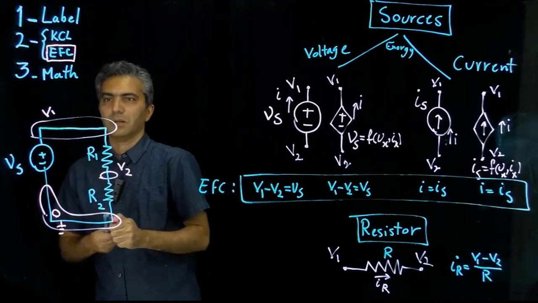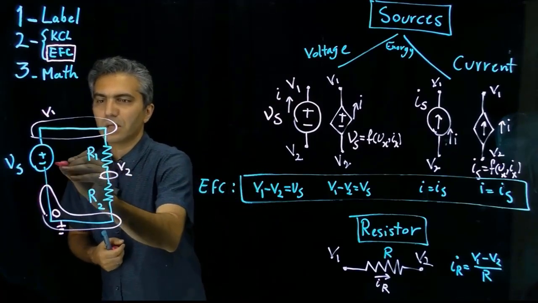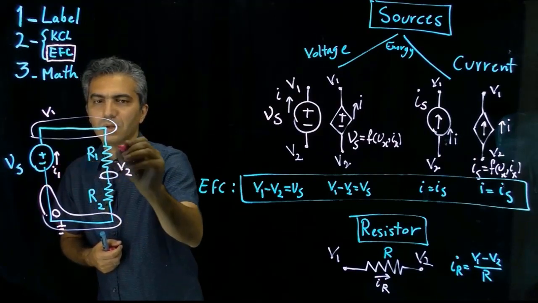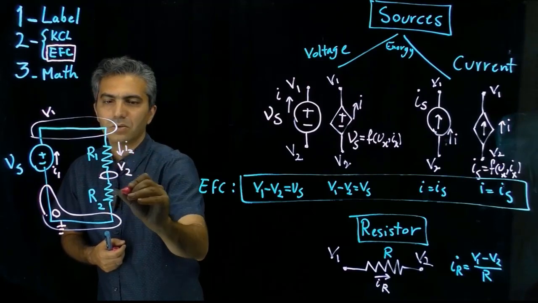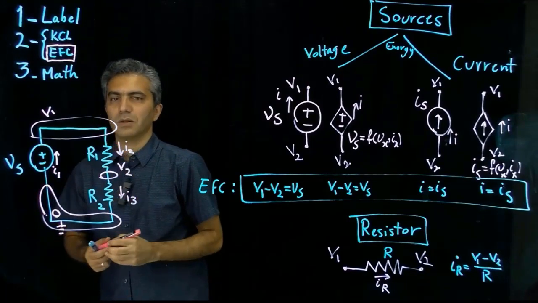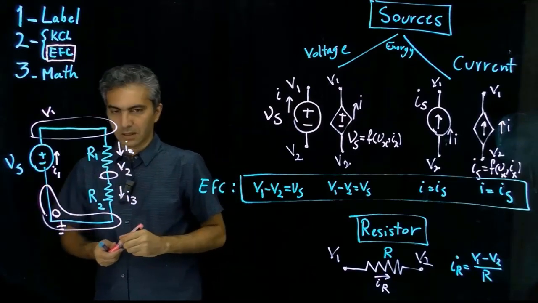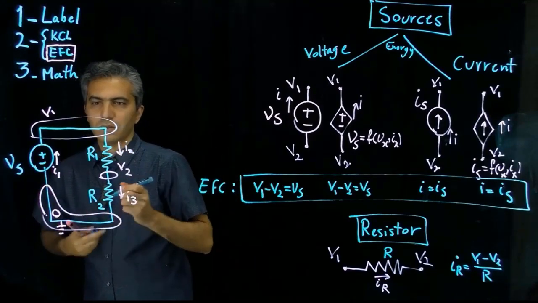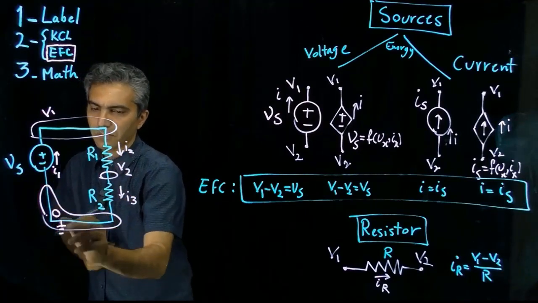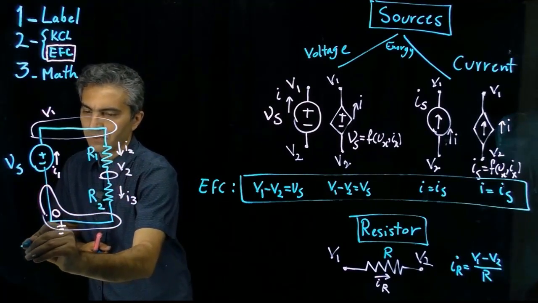So I'm done labeling all the nodes. Now I'm going to start doing the currents. I'm going to say this is I1, this is my I2, and this is my I3. Done. Now I'm going to start writing KCL. So I have 3 nodes, 3 KCL. I don't have to do KCL for the node with the known value of voltage.